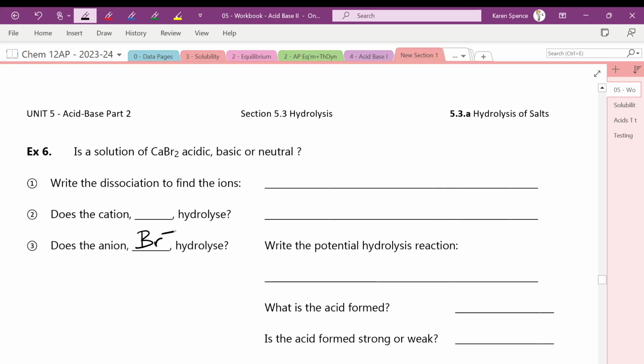So we got Br minus, we got Ca2 plus. What would Ca2 plus and H2O give you? It's not NH4 or feel creepy. Doesn't matter.